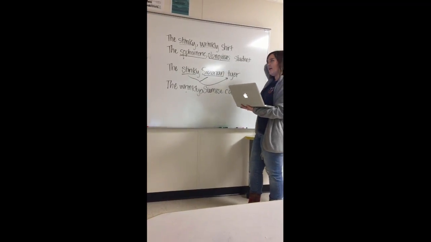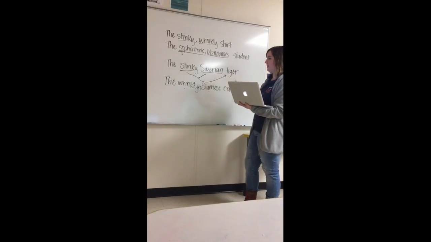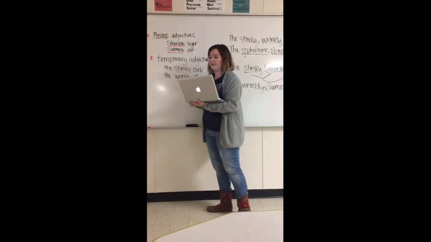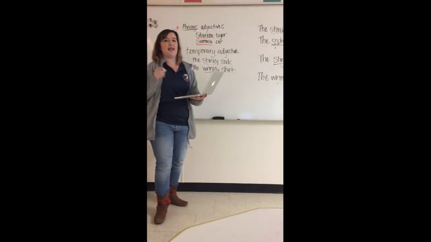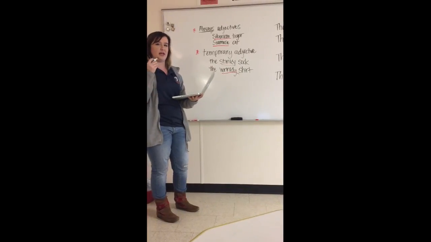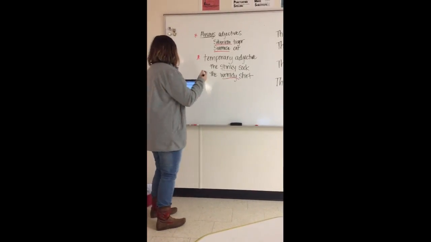Sometimes when you have more than one adjective describing a noun, you need to put a hyphen in between them. So when two adjectives can't stand alone, they have to go together. You have to glue them together with a hyphen. I'll show you an example.